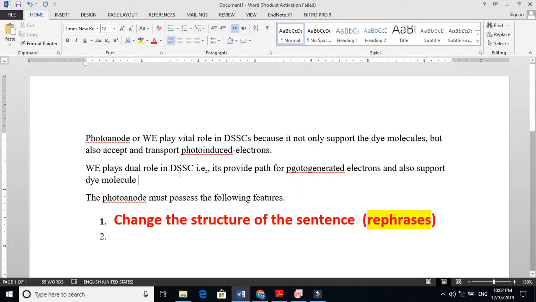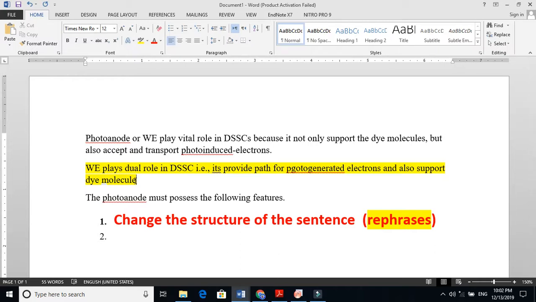You see, now there is no plagiarism. Now you see, the original: photoanode or working electrode plays a vital role in dye-sensitized solar cell, because it not only supports the dye molecule but also accepts and transports photo-induced electrons. The meaning, the function, the purpose is there.